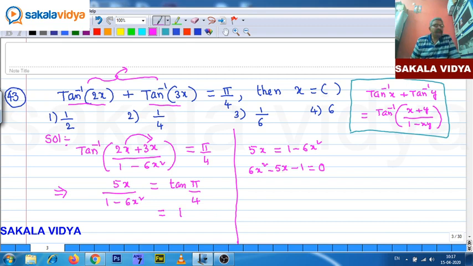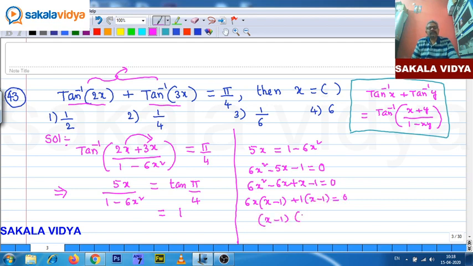Just we need to solve the quadratic equation. So that means this middle term we need to split. Let me check it now.